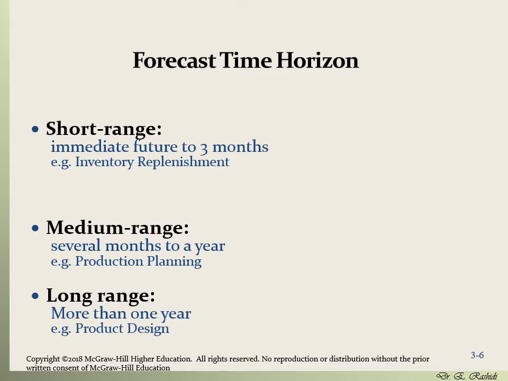When you design a product, you want to produce that product for a while, for a couple of years or more than a year. An example of this would be the iPhones or the smartphones that companies produce, either Galaxy from Samsung or iPhone from Apple or other manufacturers.